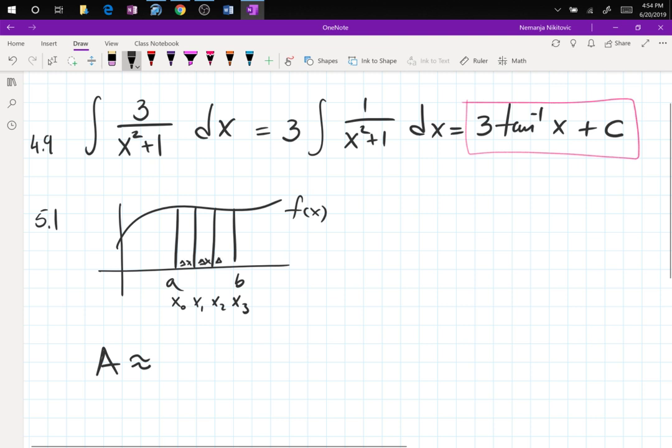We found a set of values that is greater than, but also one that is less than. Yes, so left and right approximation.